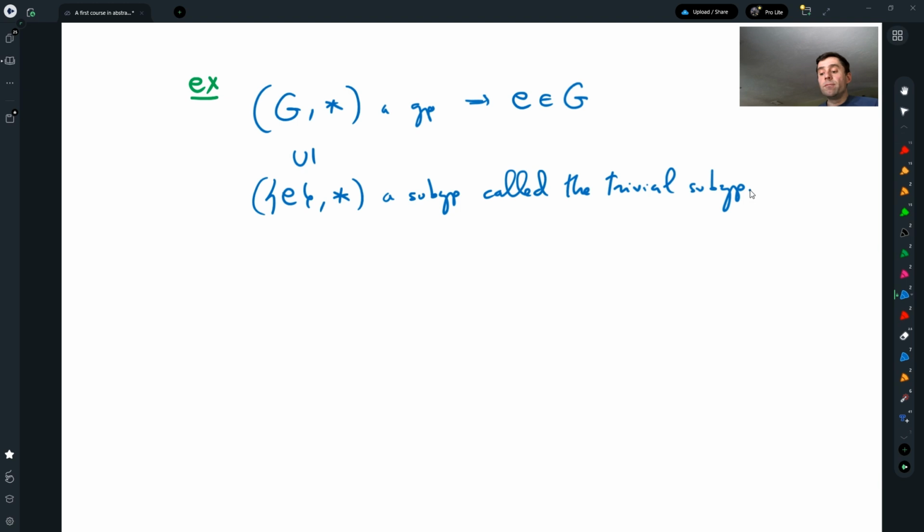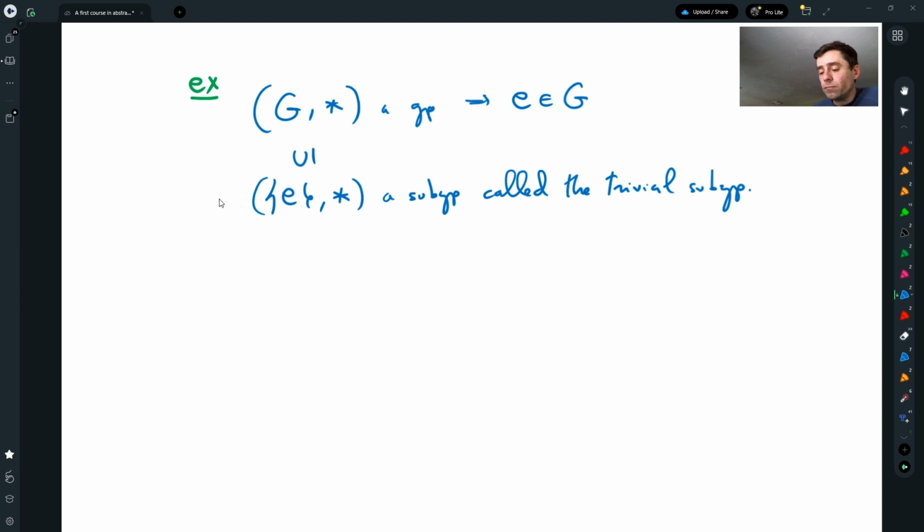Notice that the set with just the identity is non-empty, and any product within it is in it. The multiplicative inverse of e is e itself. So e times e inverse is e, which is in this set. So this is another subgroup.